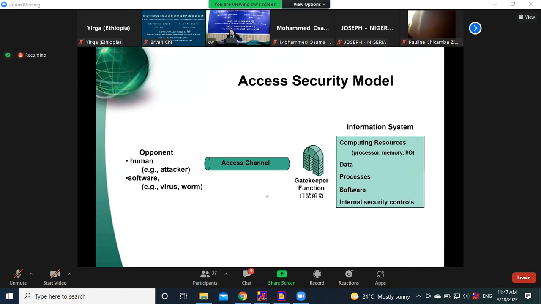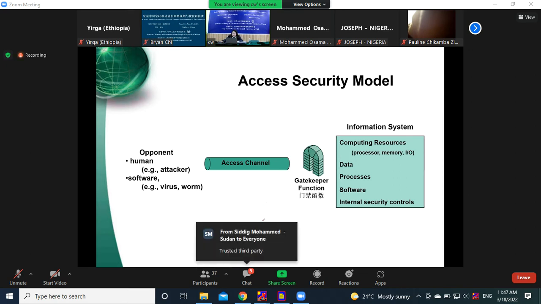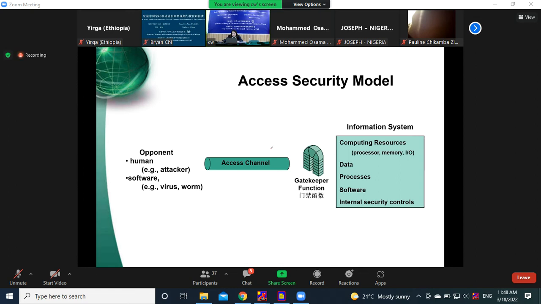Okay, let's see another important model. This is the access security model. In these models we also face some problems.